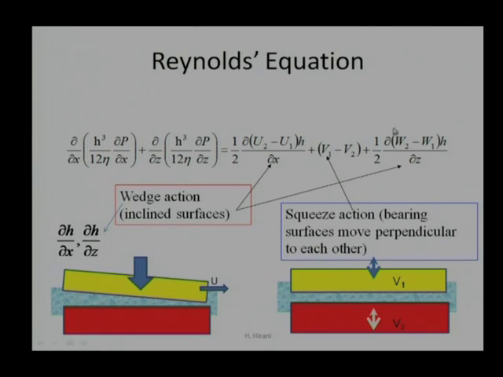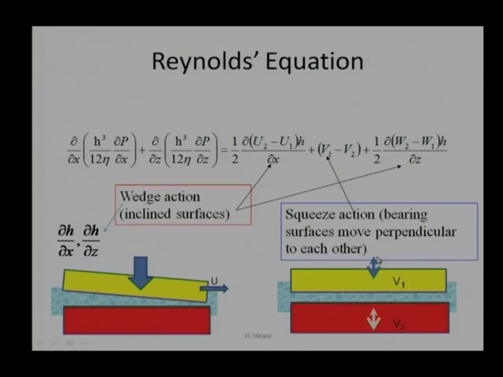We derive the second term also, which is known as the squeeze term. It basically depends on the squeezing action of plates, or relative movement along the film thickness. That is why we say that if I am assuming the tribo pairs, they move perpendicular to each other, and this figure illustrates that.